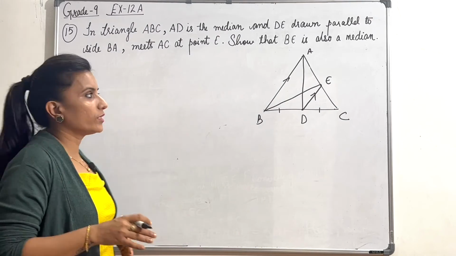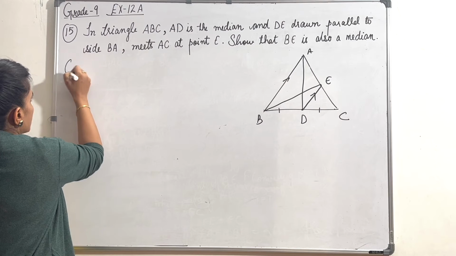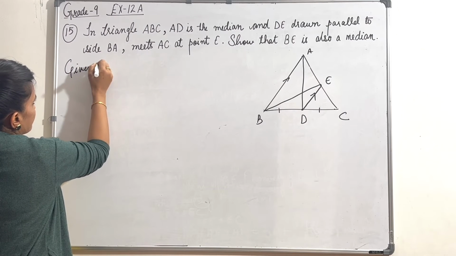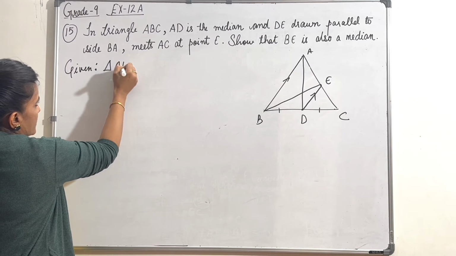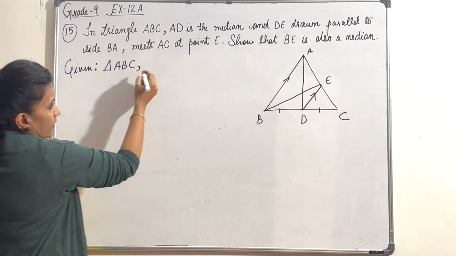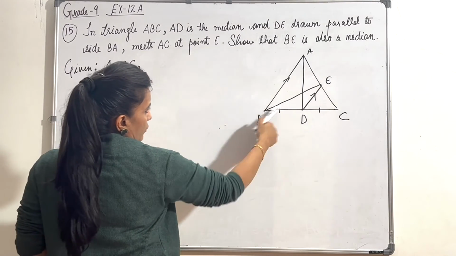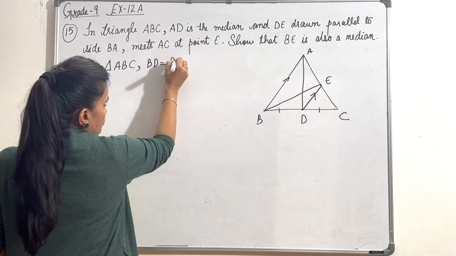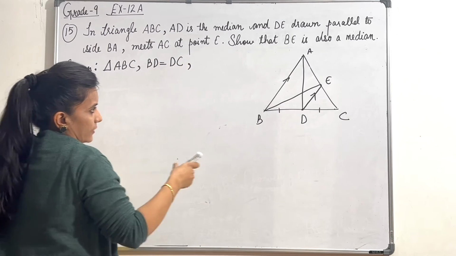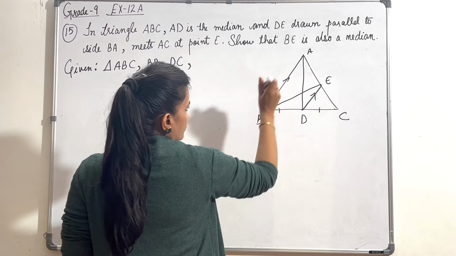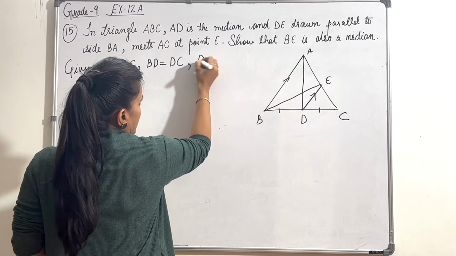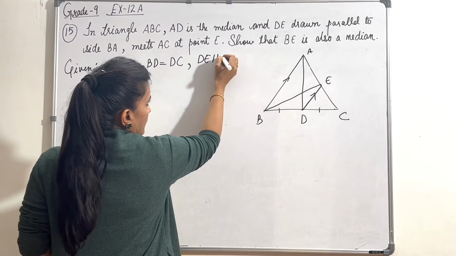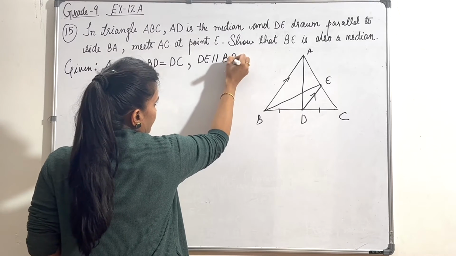So let's write down what is given in the question first. So triangle ABC is given where D is the midpoint of BC. So we can write down BD is equal to DC and DE is parallel to BA, right? DE is parallel to BA.